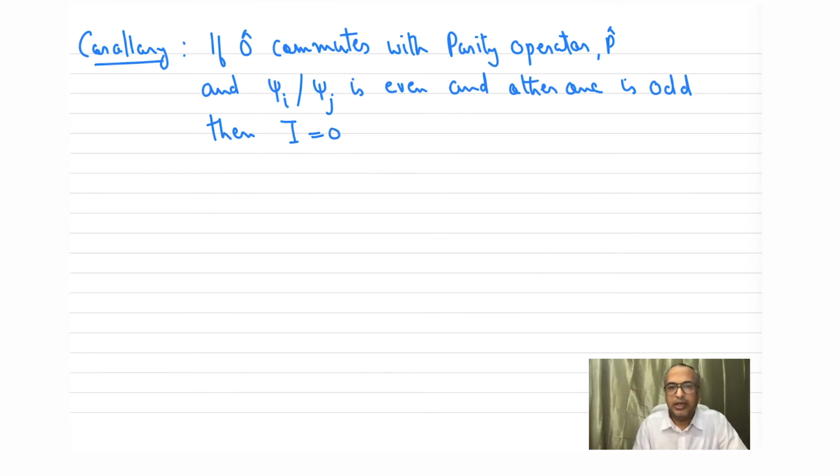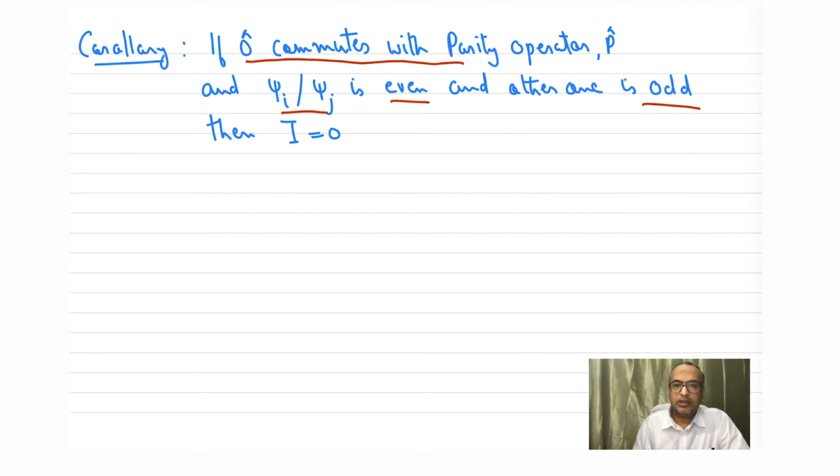So basically it is dealing with two conditions. One is that O commutes with the parity operator. Second condition is that one of these functions has to be even and the other one odd. Then I goes to 0. If both are even or both are odd, then we can say that I does not go to 0. But first it has to fulfill the condition that O has to commute with the parity operator.